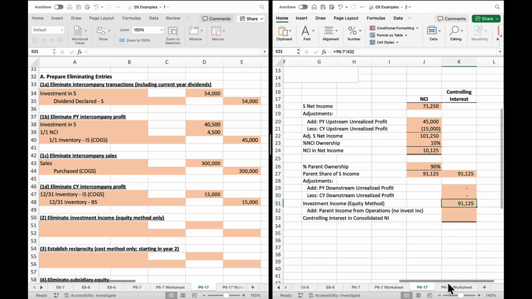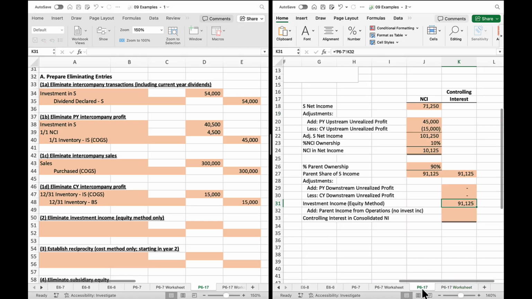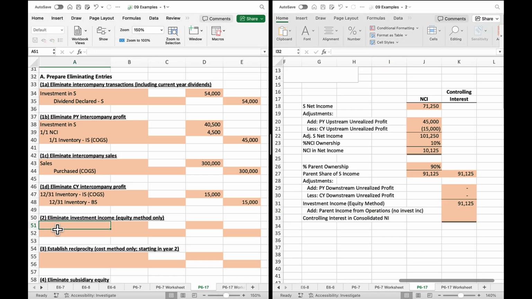If we're feeling daring, we could also just go look at the worksheet and hope that it was their only equity method investment, because that is the same number, but the better way to do it would be to calculate it on our own. So for this entry, we are going to debit equity in S income and credit investment in S. And that amount is going to be the $91,125.